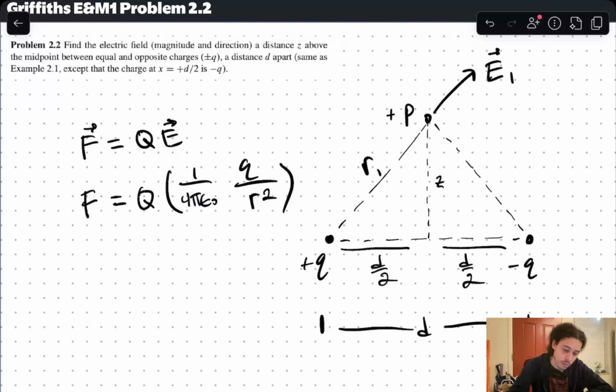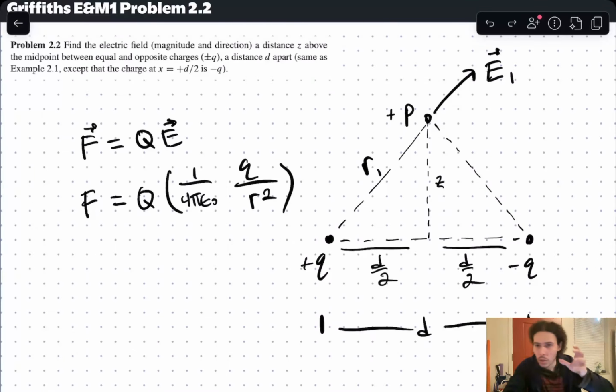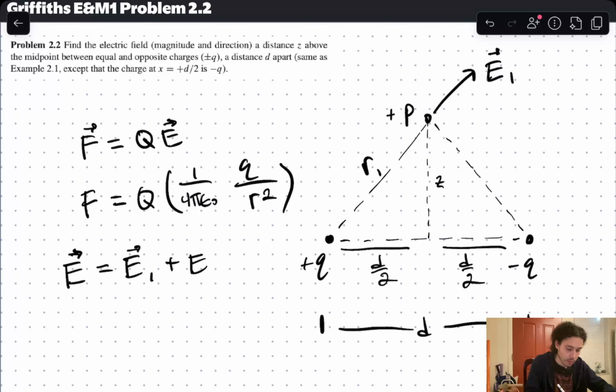Okay. Now I turn my focus to this interaction here. You can do this type of interaction-to-interaction addition, so to speak, because of the superposition principle, meaning that E is comprised of E1, E2, and so on.